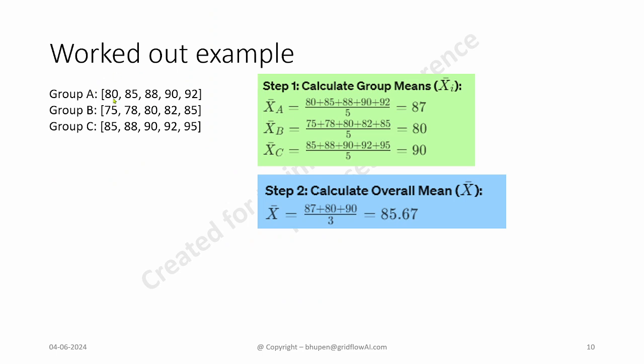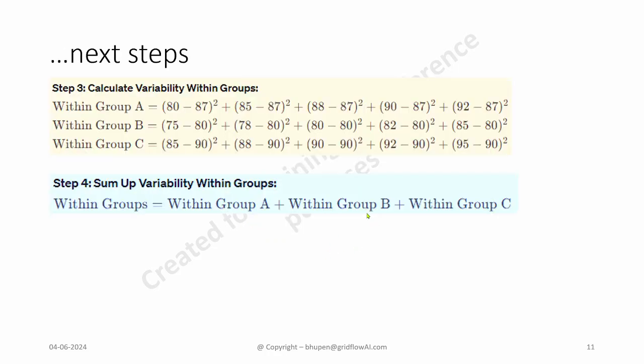For example, here, group A, group B, group C, and then I can calculate the mean for each of the groups and calculate the overall mean. This overall mean will be used in the other part of the variability, which is across the groups, not in this.